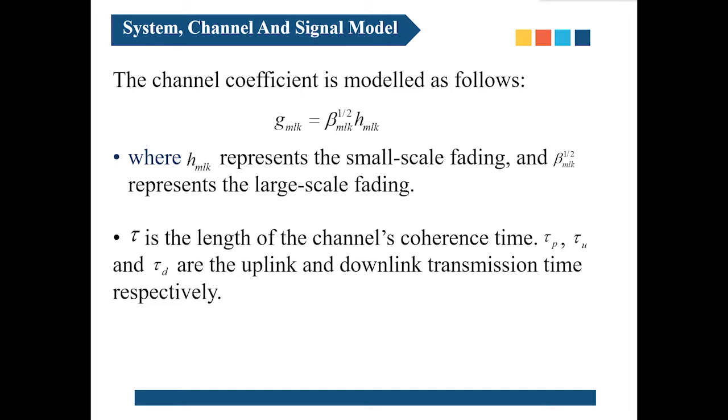In cell-free massive MIMO, the entire data transmission process is divided into 3 stages: uplink channel estimation, uplink transmission, and downlink transmission. In the uplink channel estimation stage, the user sends pilots to APs and APs obtain CSI using the received pilot signals.